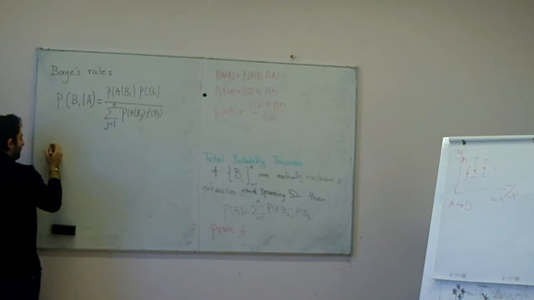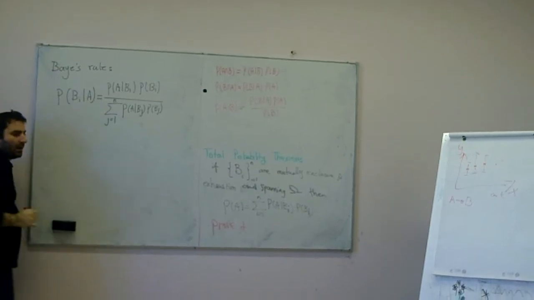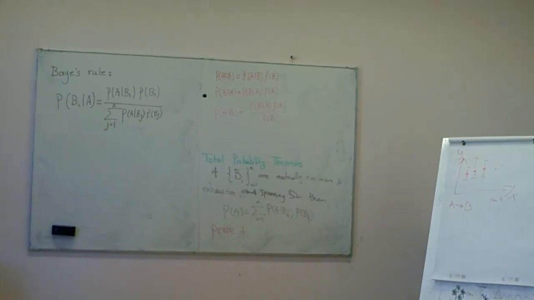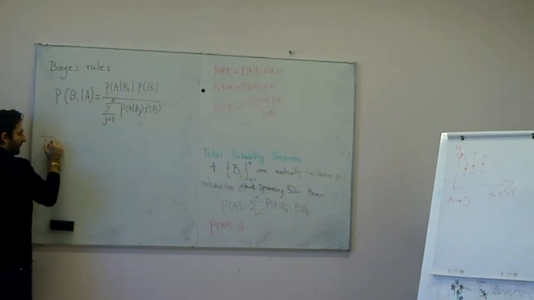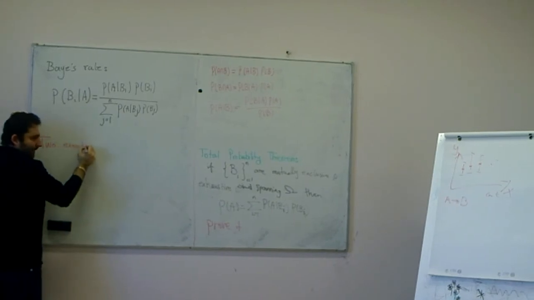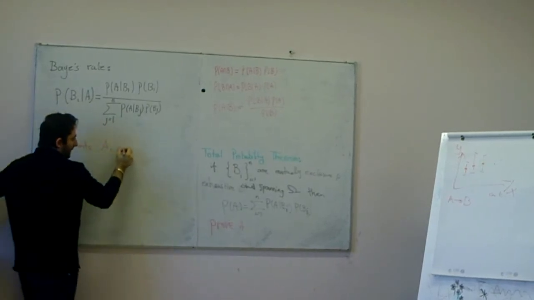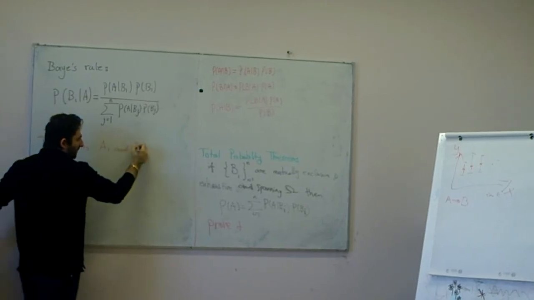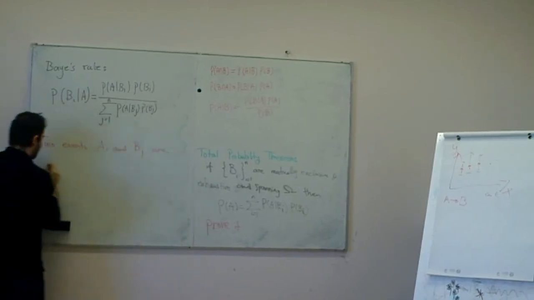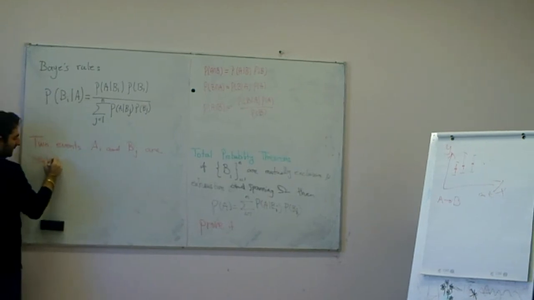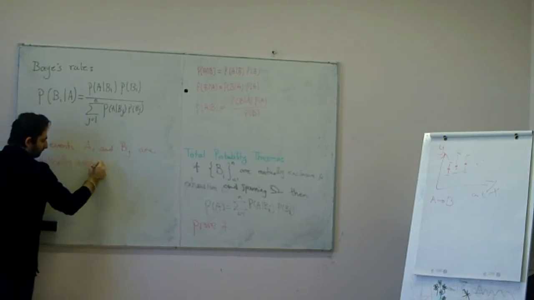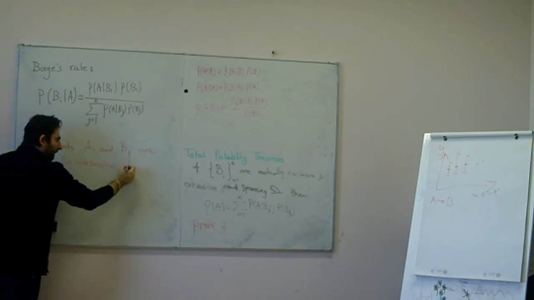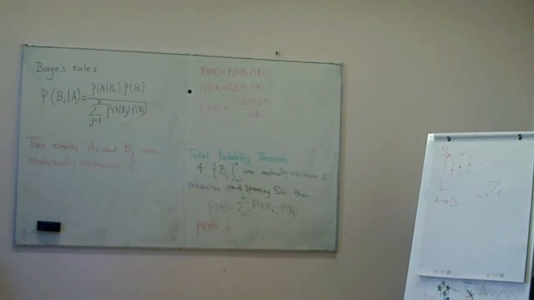A reminder, how we could understand that two events are independent. Two events, Ai and Bj, are statistically independent if, so if mathematically I want to write it, what do I have to write?